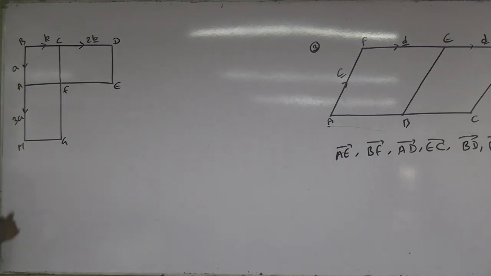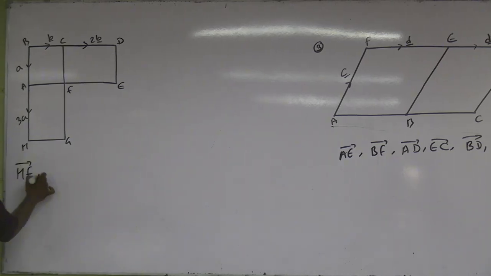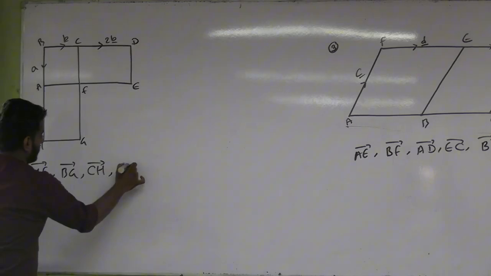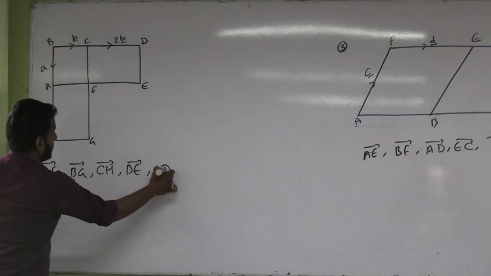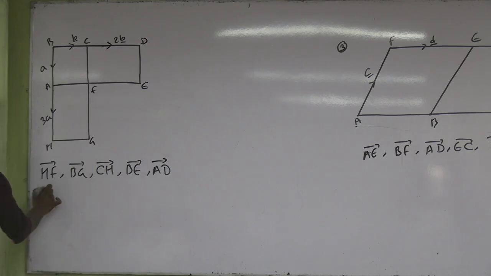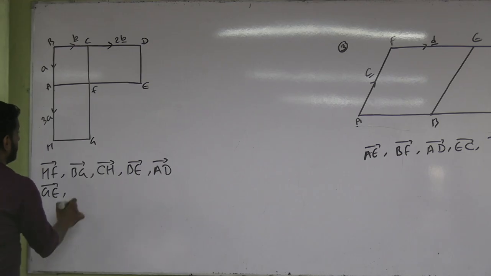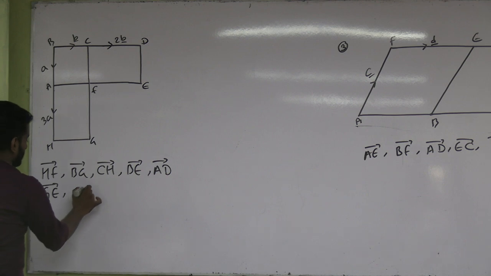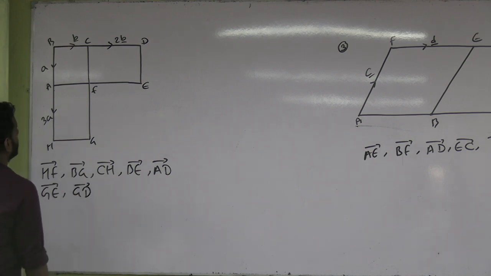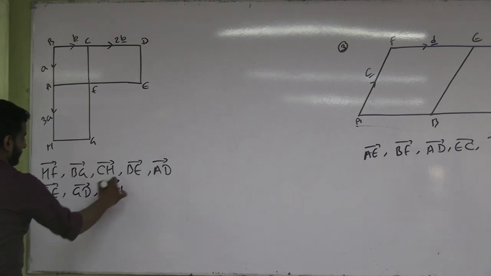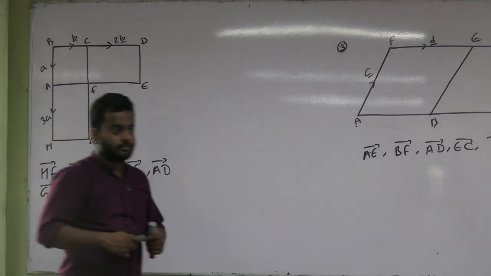You are supposed to find HF, BG, CH, BE, AD, GE, GE, GD, DH. Okay, start this now.